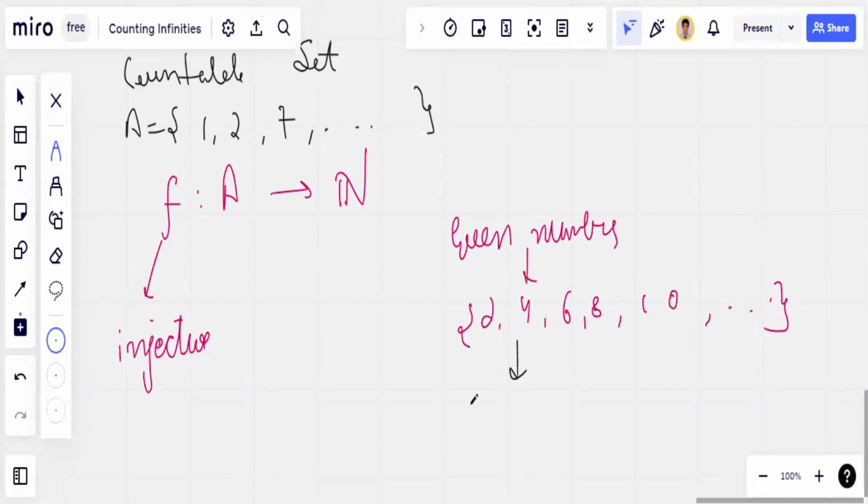Let's say we map 2 to 1, 4 to 2, 6 to 3, so f of x equals x by 2. So now you can count even numbers: 2 comes first, then 4 comes second, and so on. So is it clear what a countable set and an uncountable set is?